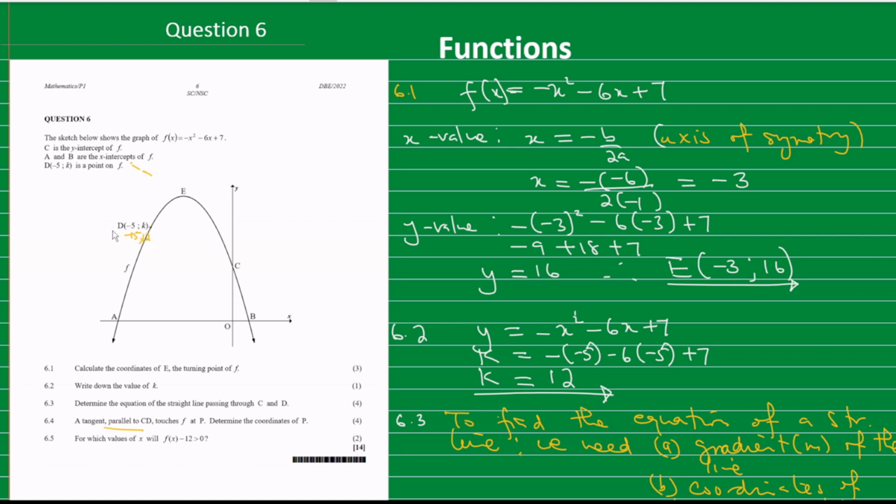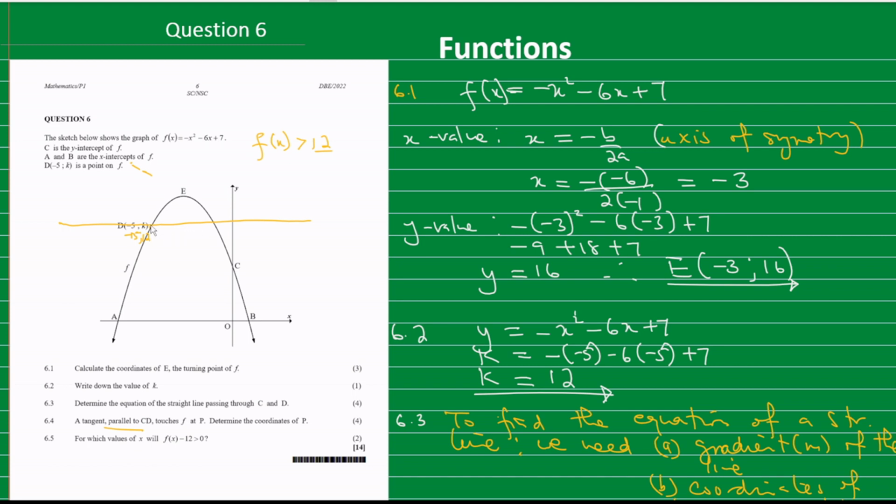So at this point, if I were to write the statement that I've just written, that f of x is greater than 12, so this is a y value. If I were to draw the line y is equal to 12, the line y is equal to 12 is the line that passes through that point D, which is parallel to the x-axis.